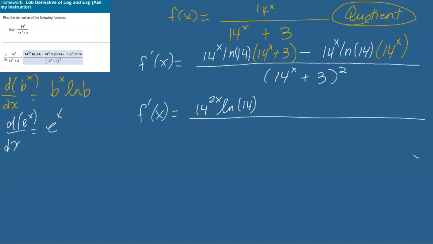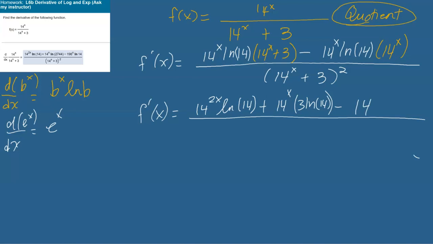And then 14 to the x ln of 14 times 3 would be 14 to the x multiplied by 3 ln of 14, minus 14 to the x multiplied by 14 to the x is 14 to the x squared.